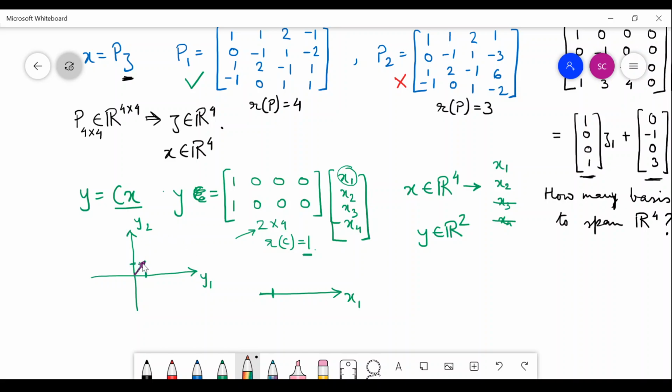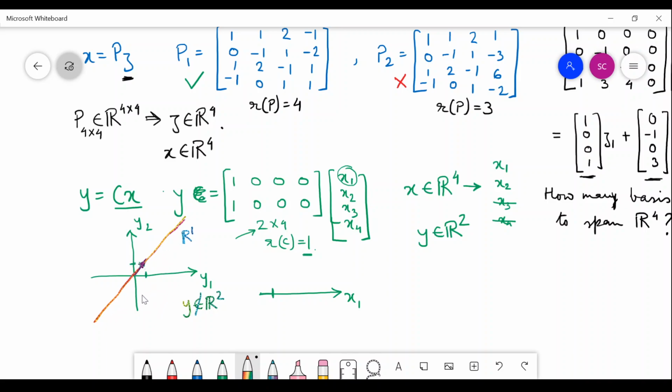So your y is always constricted to this particular line. So even though your y was supposed to be in R2, it is not in R2, it is in R1 because it is constricted to a line. That's why it is in R1.